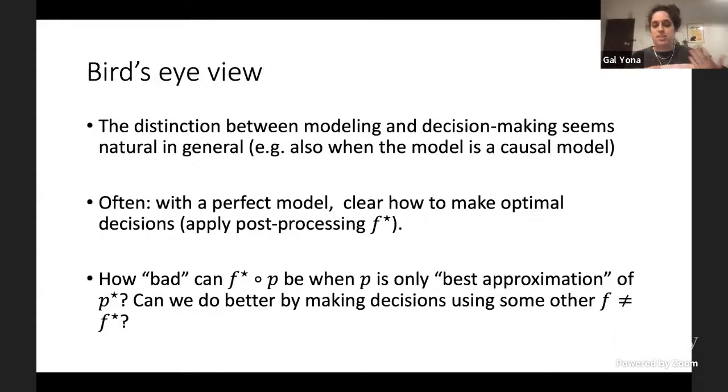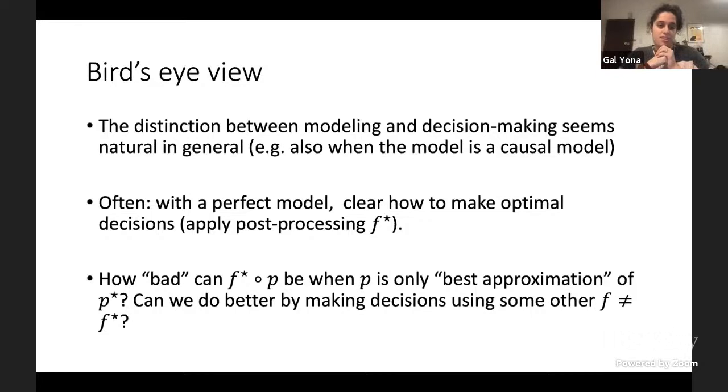It's not particular to the setup I've described here, where the model is an estimate of risk. It's equally relevant when the model is a causal model. We use causal models to make decisions.